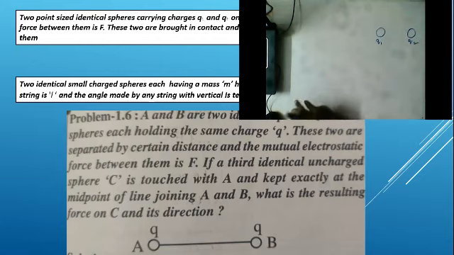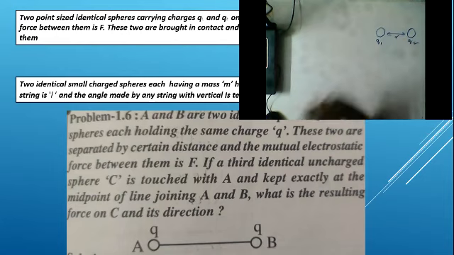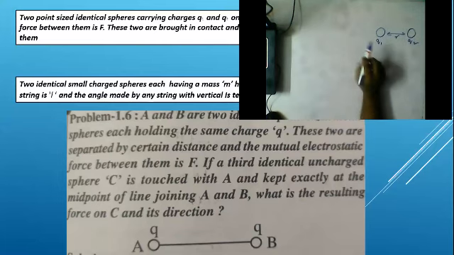First of all, the given question: two point sized identical spheres carrying charges. Here this is a sphere of charge Q1 and this is a sphere of charge Q2. They are separated by a certain distance, so the distance between them is R. You need to keep the point that only the spheres are identical, not the charges.